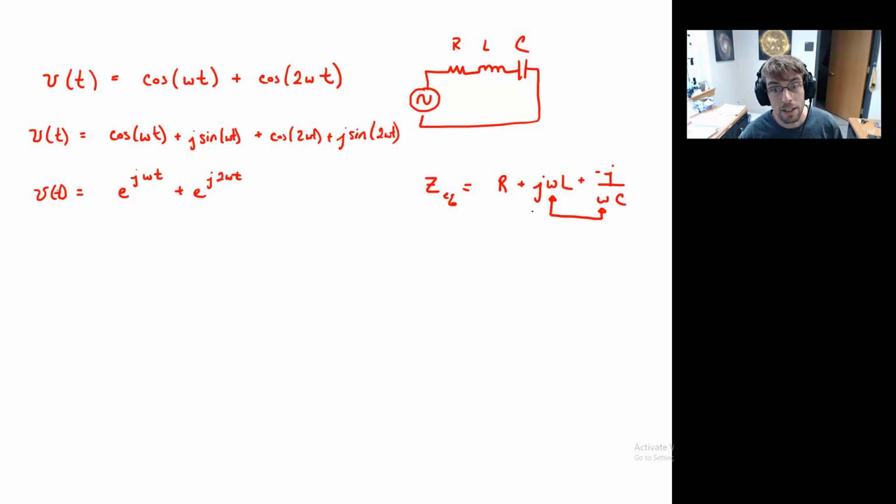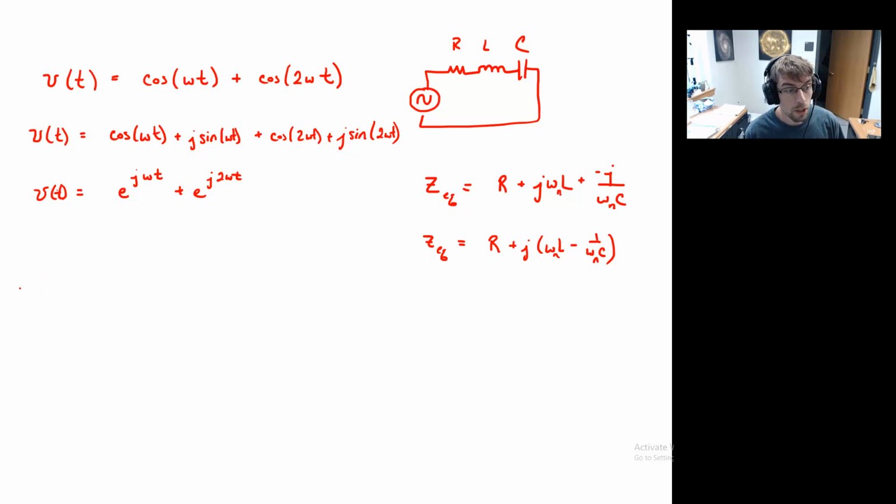So for clarity's sake right now, I'll go ahead and I'll put omega n in here. Good so far? Okay. So we have our equivalent impedance could be written as R plus j omega L minus 1 over omega C. And I'll put again that subscript in there just because we're dealing with two different frequencies, if you will.